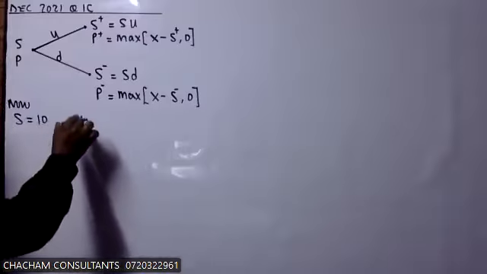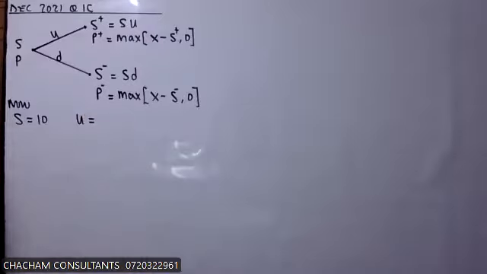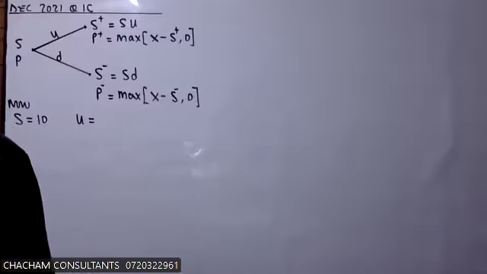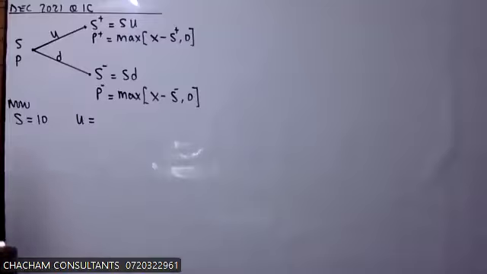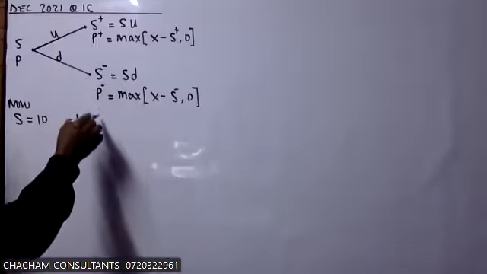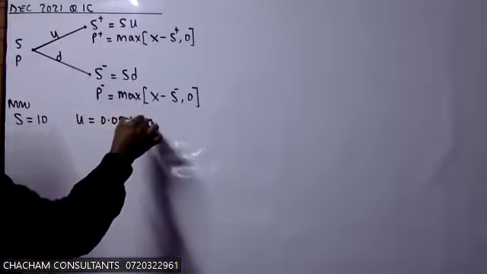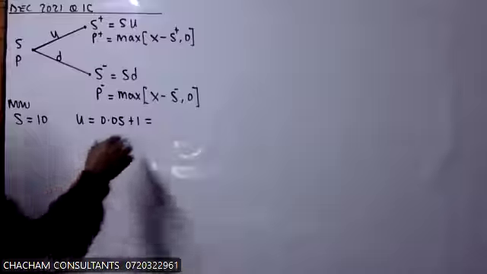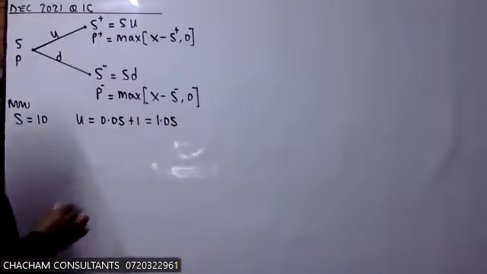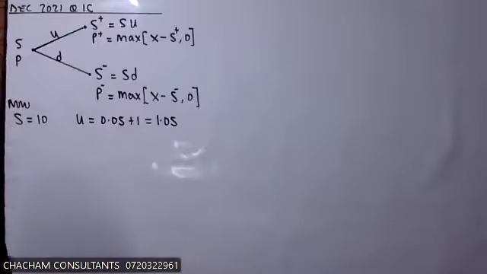Now we said U should be the change, 1 plus R. If you are looking for the increase, the upward movement, it should be the change, which is 0.05, plus 1, because it's an increase. So our U will be 1.05.